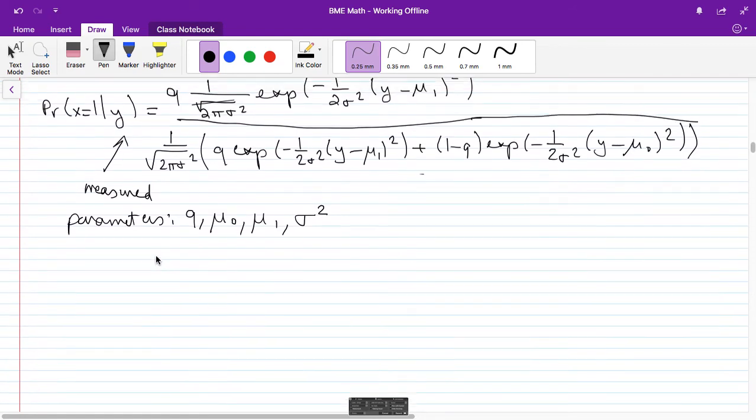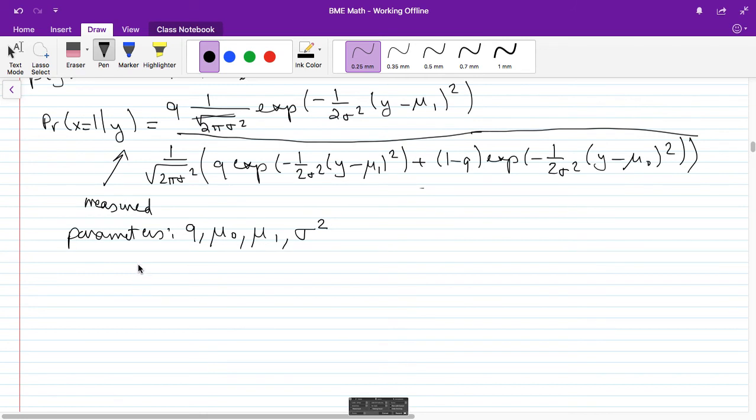So how do we reduce this equation? So I'm going to divide this equation by the numerator. You notice that this part of this equation is the same as this part of it. So the probability of x equal to 1 given y, I'm going to divide this equation by the numerator. So I'm going to get a 1 on top.